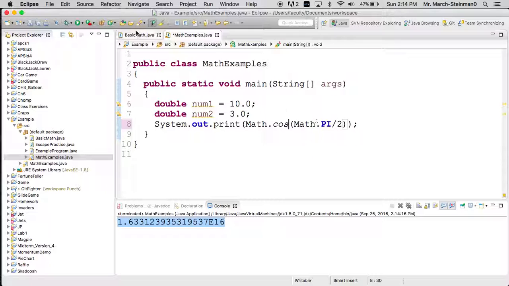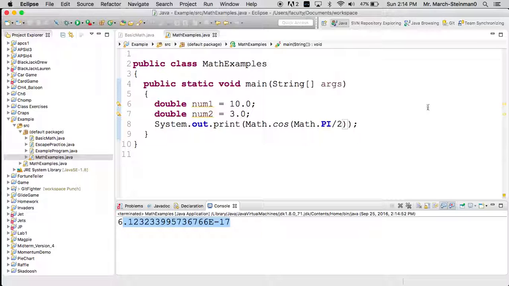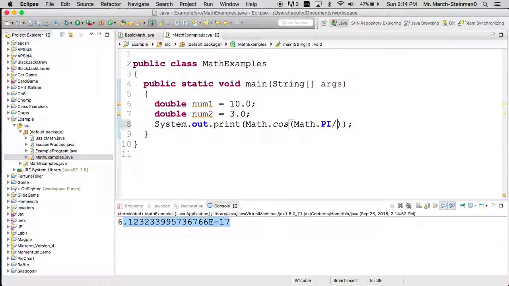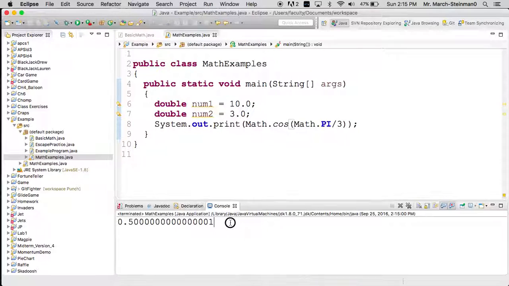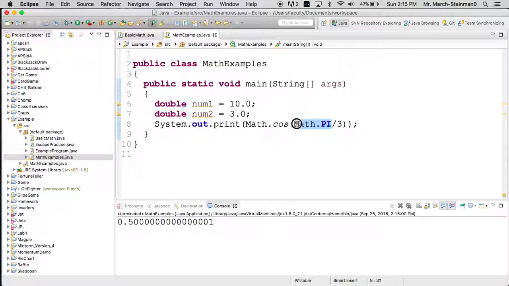This should give us 0, and it gets close to 0, but not exactly. Let's say pi over 3, again, this should give us about 0.5. And again, we get that rounding error. So this is something to be cautious with a little bit, and we'll talk about how to handle this rounding error a little later. But know that we do have Math.PI, and again, if I remove this, I should get 1, -1.